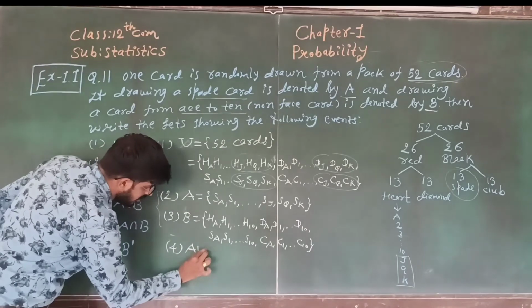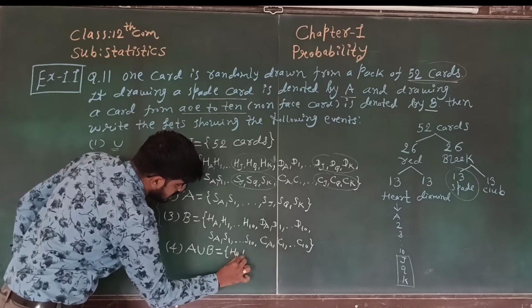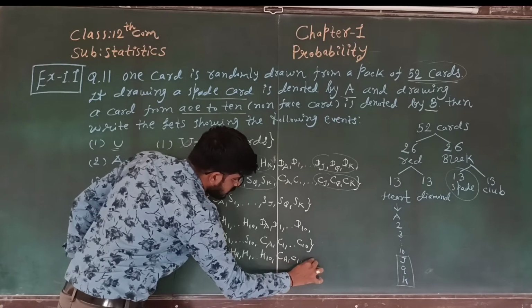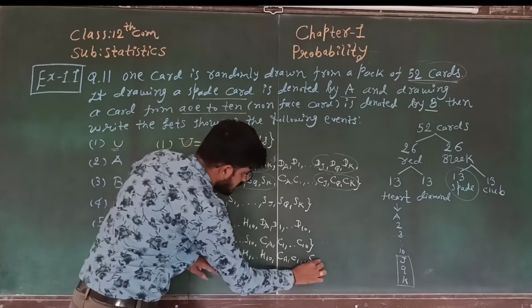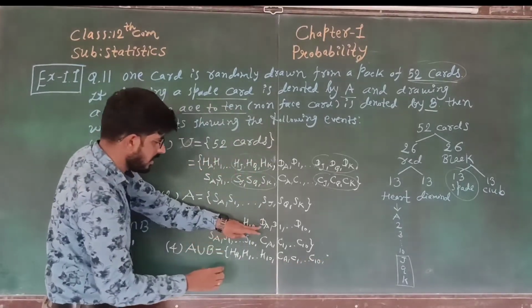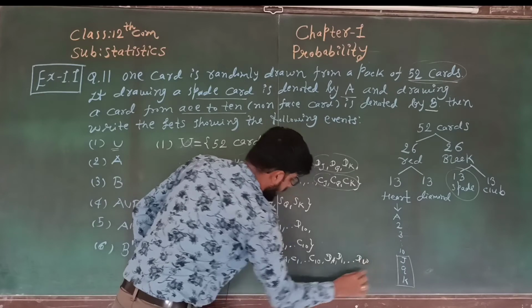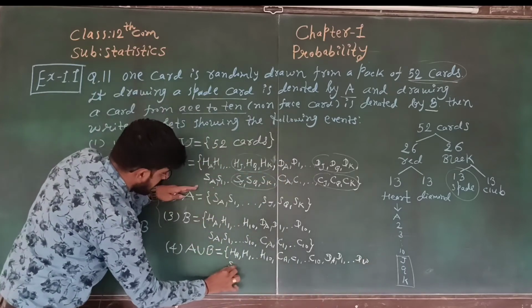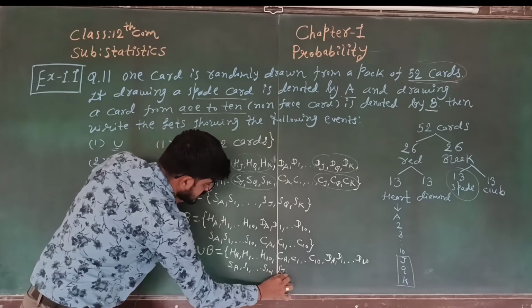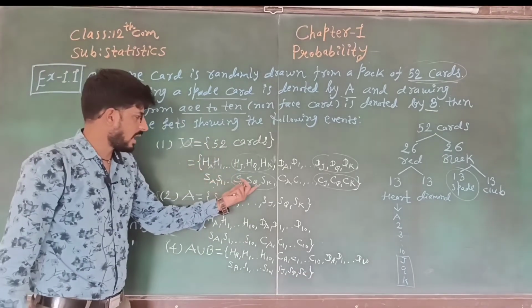So A union B equals HA, H1 to H10, CA, C1 to C10, DA, D1 to D10, and last SA, S1 to S10, SJ, SQ and SK. We have to include SJ, SQ and SK.